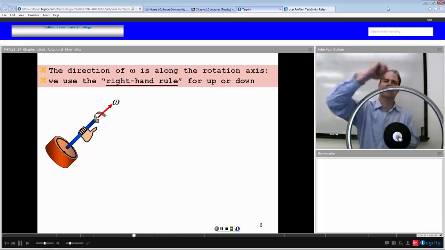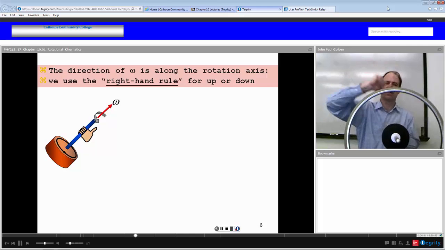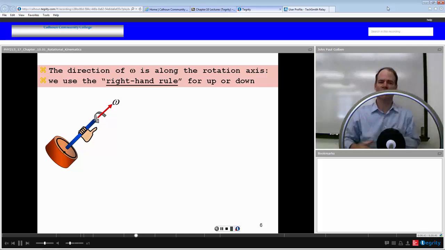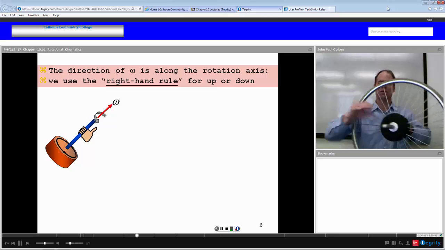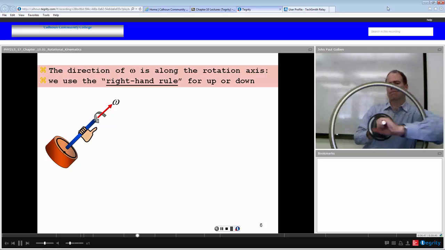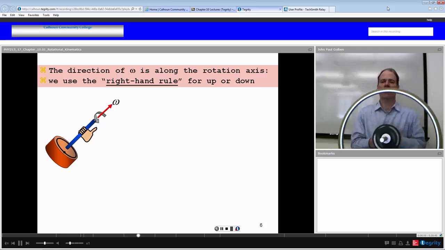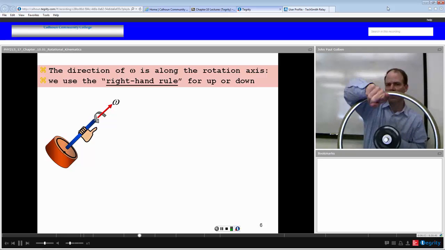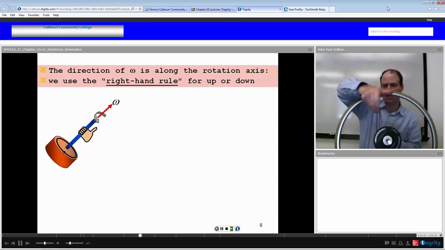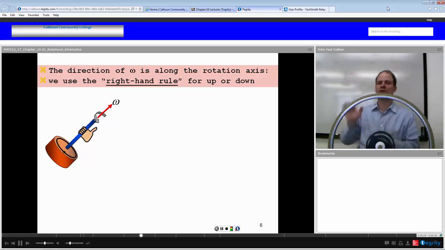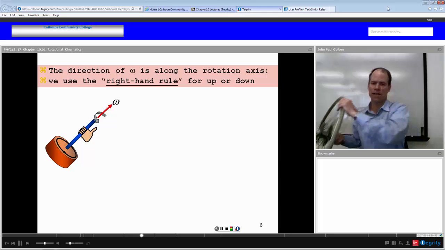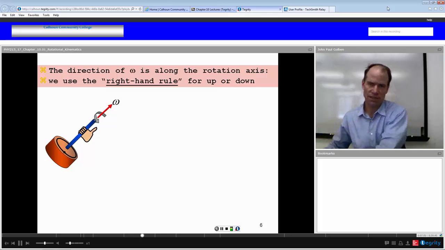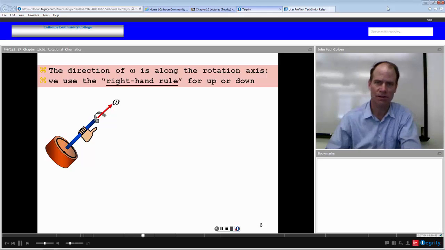In this case, the angular velocity is perpendicular to this plane going into me in the negative z direction as we're looking at. If the rotation were going the other way, and I use my right hand rule on that, then the angular velocity would be coming out straight towards you in that direction. So you curl your fingers in the direction of the rotation, thumb points in the direction of the angular velocity.